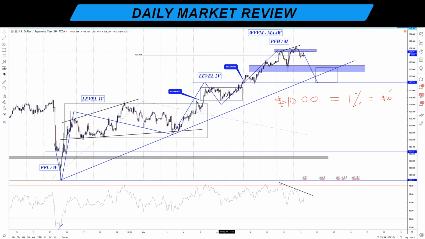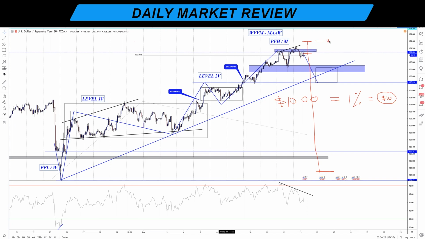How do you define that $10 into a pip? Whenever you have a pip stop loss, always pre-calculate. For an example, if you're selling here and you put your stop here and your take profit here, whatever the take profit is, forget about that. Focus on the stop loss. So the stop loss could be around 40 pips.